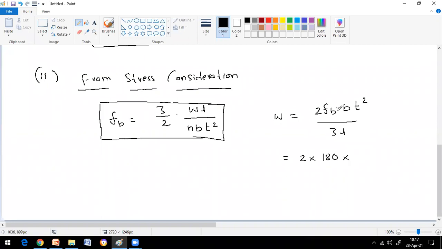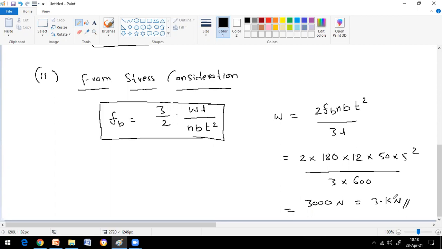NBT square. How many plates? 12, into B 50, thickness 5 square, by 3 times 600. And the load is 3000 Newton, which is 3 kilonewton.